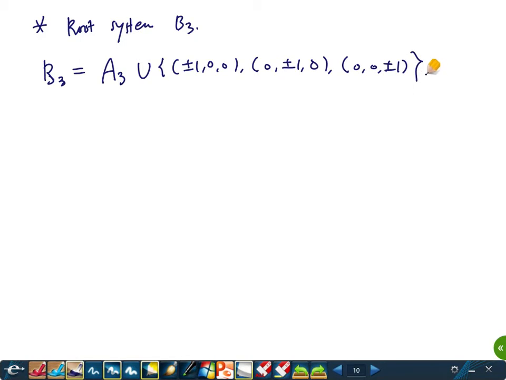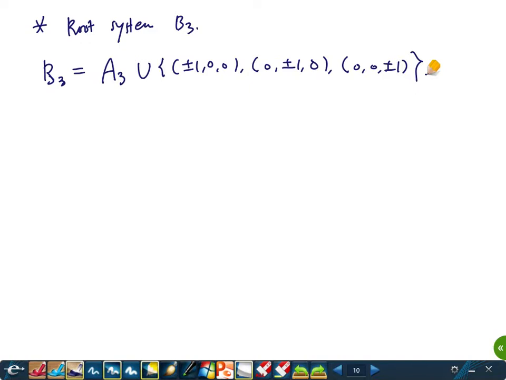What is that? Just imagine that this is the x-axis, this is the y-axis, and this is the z-axis. These 6 vectors are exactly the unit vectors lying on one of the axes. So basically we add one vector pointing to the center of each face, so 6 more vectors.